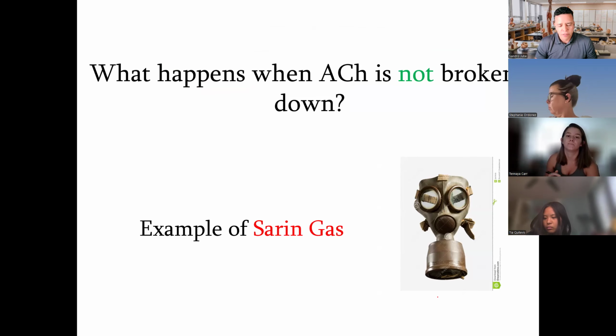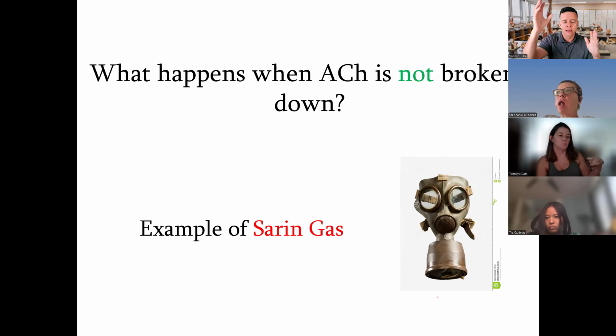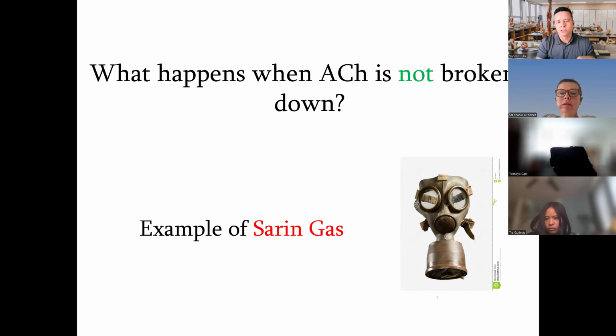Now I have a question for you guys. We understand that the acetylcholine, once it is in the synapse, will keep the ion channels open, right? Allowing sodium to come inside of the cell, an action potential to be generated, and the muscle to contract.